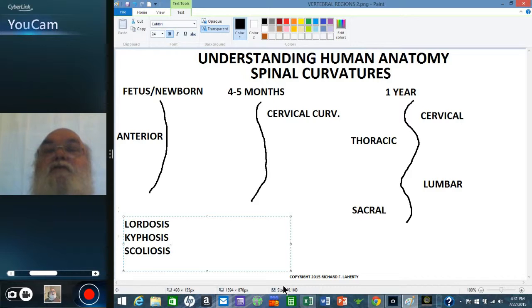And the sacral curvature, which is concave anteriorly, and that also is a primary curvature. If we have increased lumbar curvatures, it's called lordosis. An increase in the concave anterior curvature is called kyphosis, and any lateral curvature is called scoliosis.